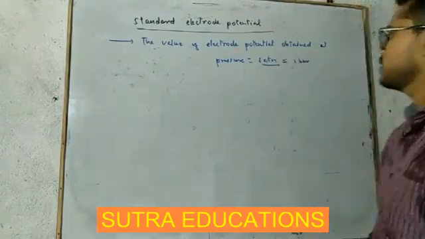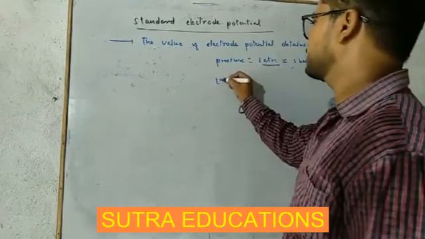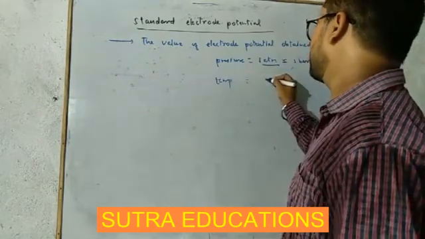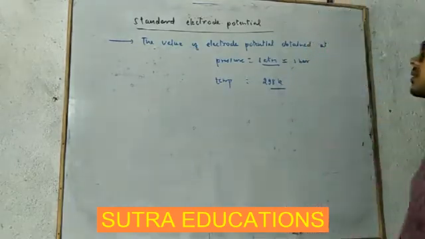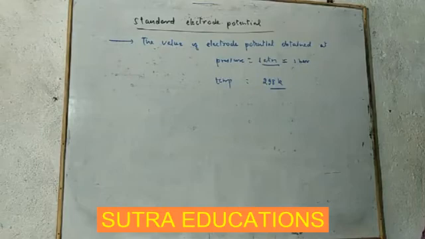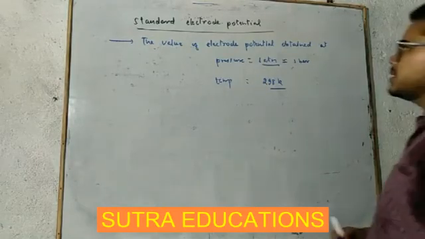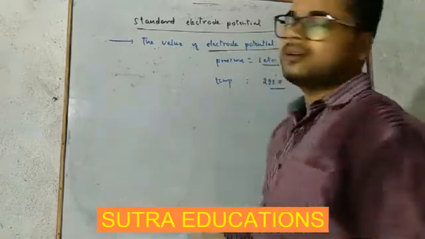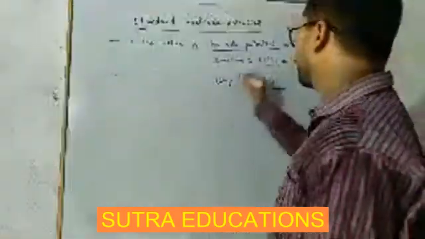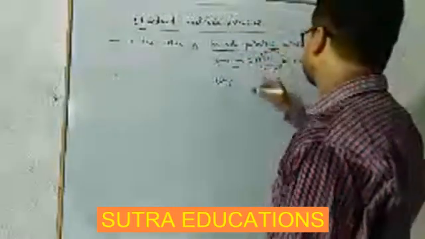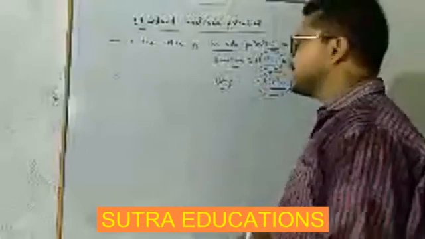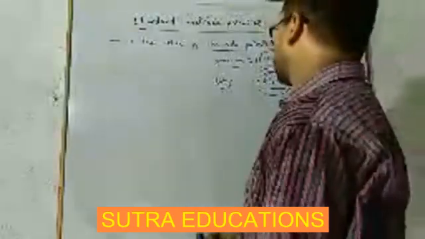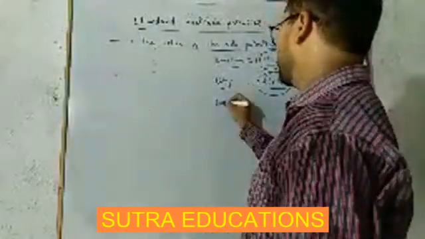Temperature is equal to 298 Kelvin. Getting this? So what is standard electrode potential? Standard electrode potential is the value of electrode potential obtained at pressure 1 atmospheric pressure, that is 1 bar, temperature 298 Kelvin, and concentration equal to 1 molar.